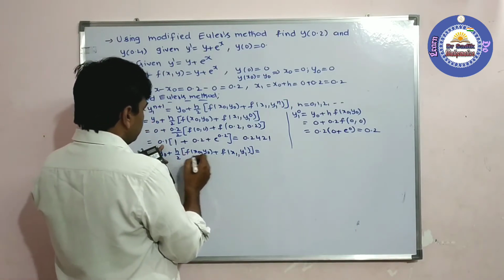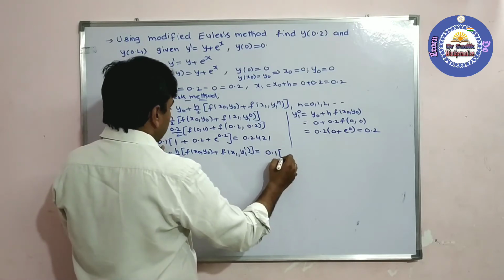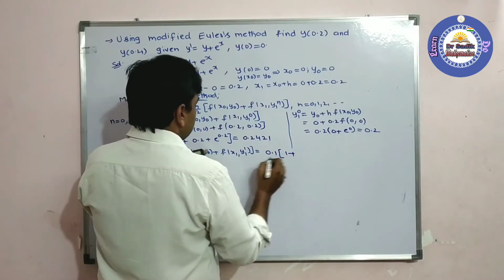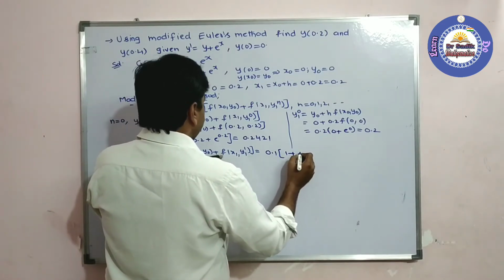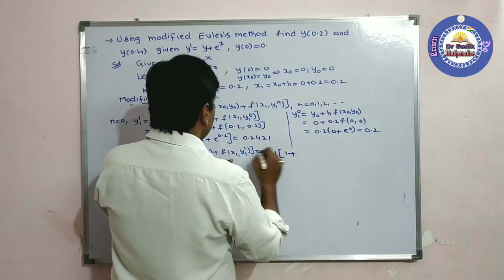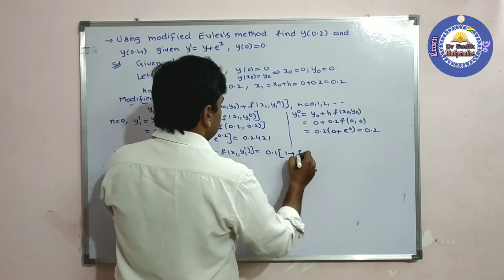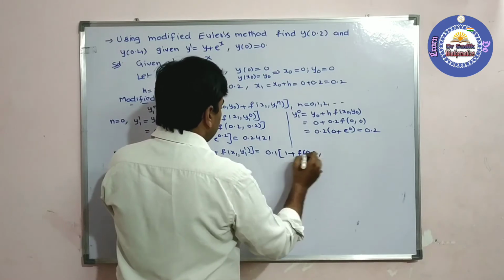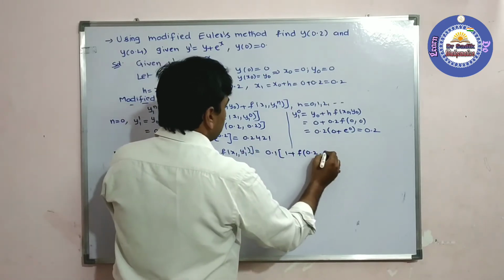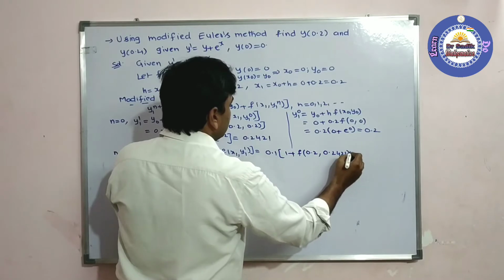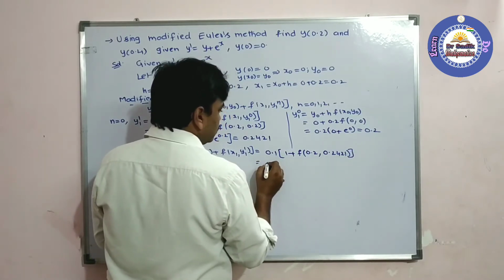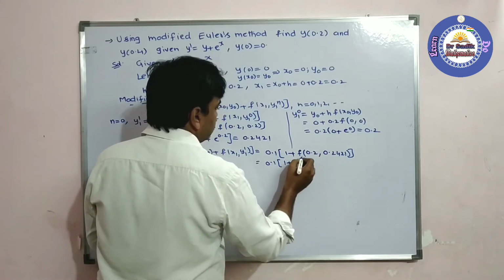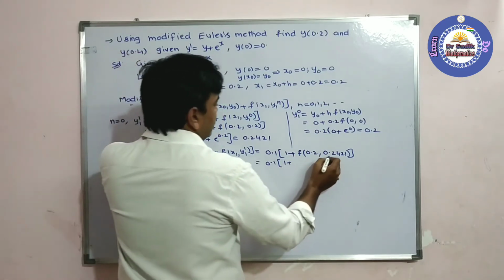The h by 2 value is 0.1 into f(x0, y0), value 1, plus, see students here, f(x1, y1^(1)). So f(x1) means 0.2, comma y1^(1), 0.2421, bracket close, that is equal to 0.1 into 1 plus y, students. What is y here?